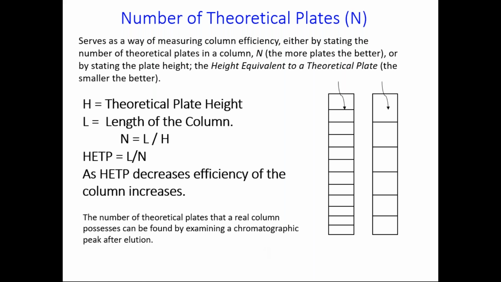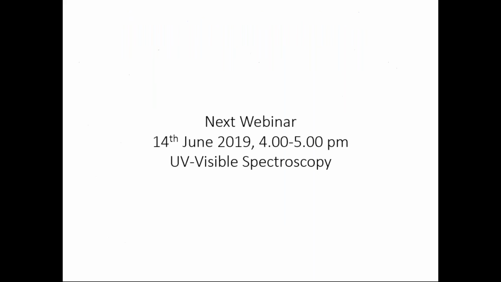This is just a prelude to the efficiency, the resolution, and the selectivity that are used in column chromatography, in the automated column chromatography. The same type of concept, the theoretical plates, can be used for TLC.